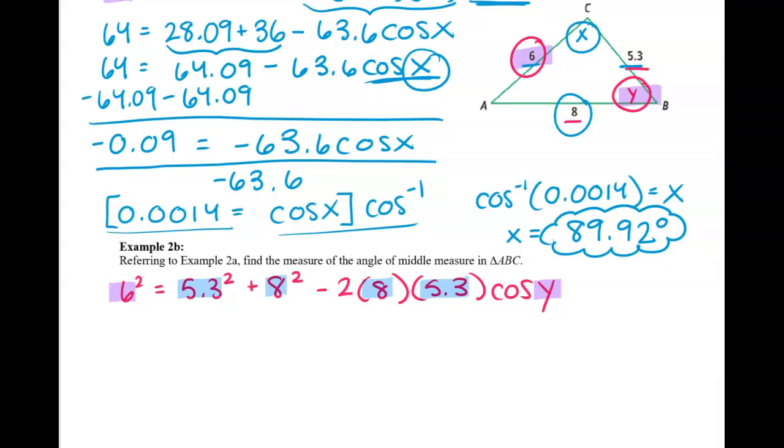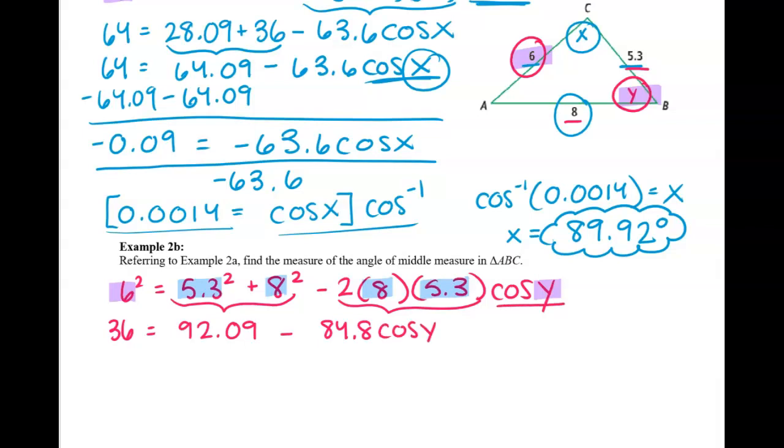Now to solve, 6 squared is 36. If you put 5.3 squared plus 8 squared into your calculator, unless you could do that in your head because you're magic, that will equal 92.09 minus 2 times 8 times 5.3 is 84.8, and then we'll bring down our cosine of y.